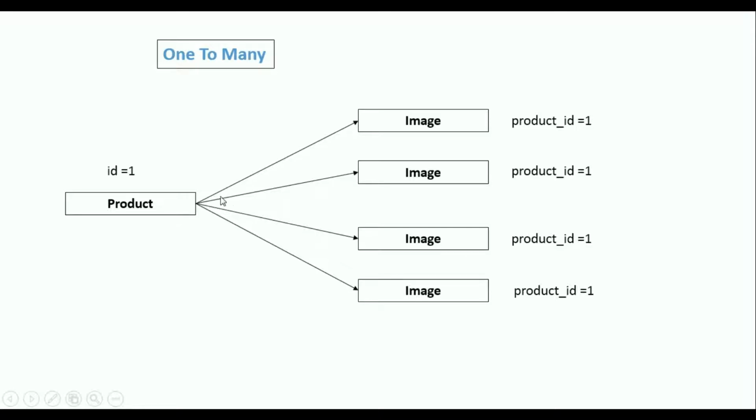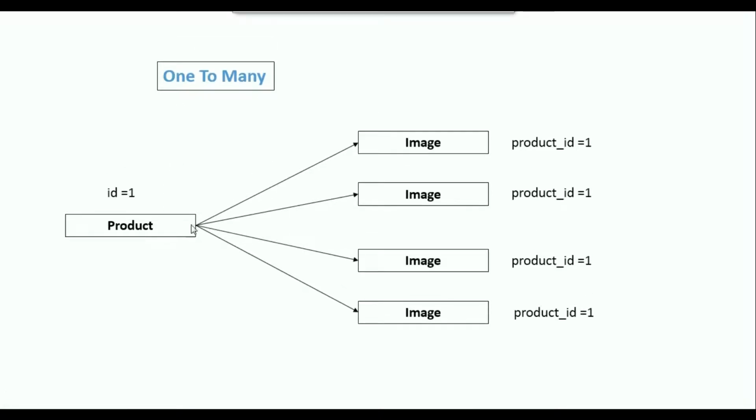So here, as you see, in one-to-many relationship, product has many images. With the ID one, here you see the ID is one. So in the product images table, the product_id should be one. In this way, they are related to each other.